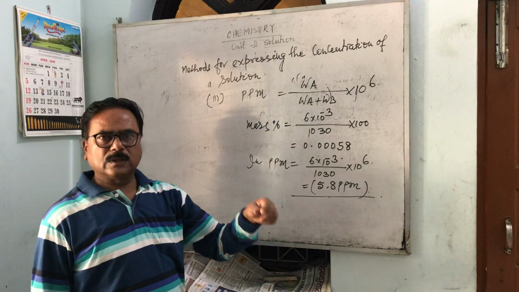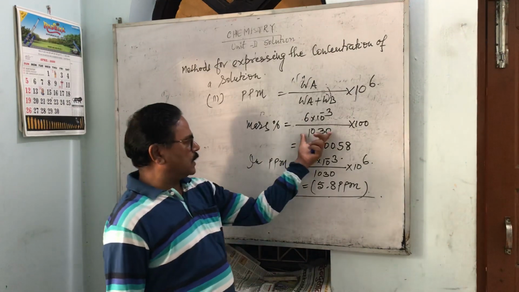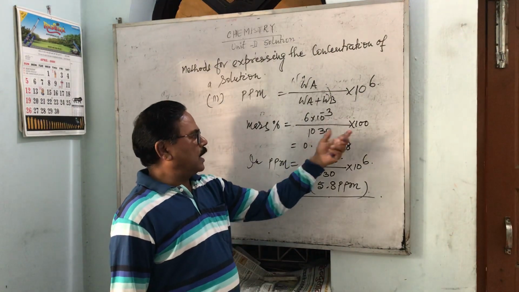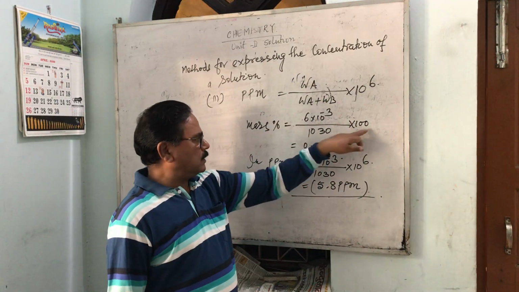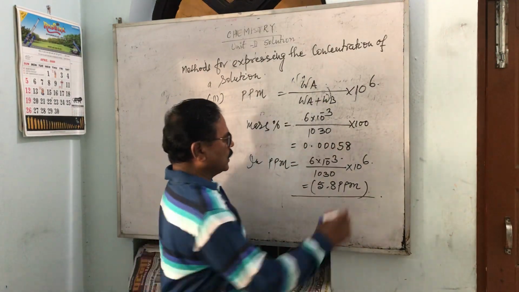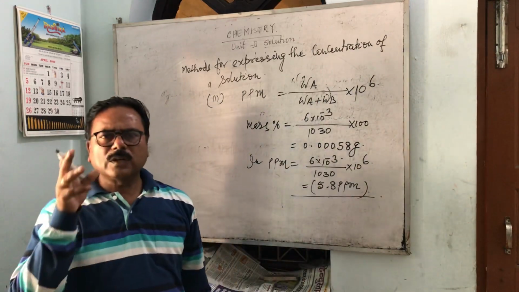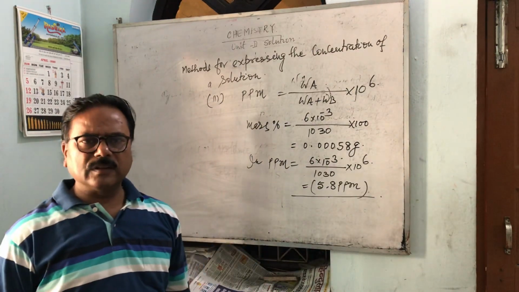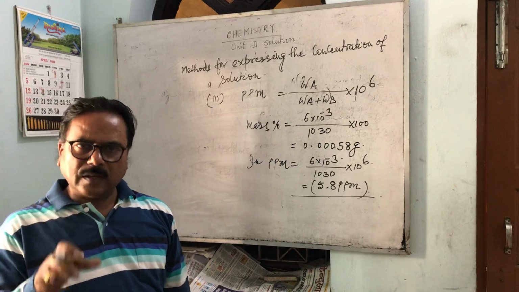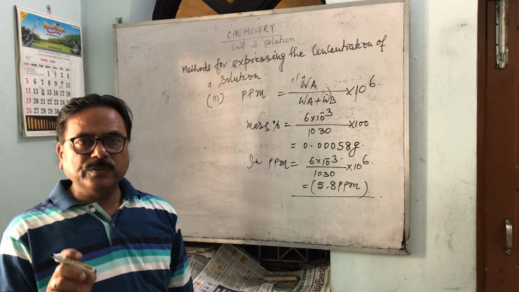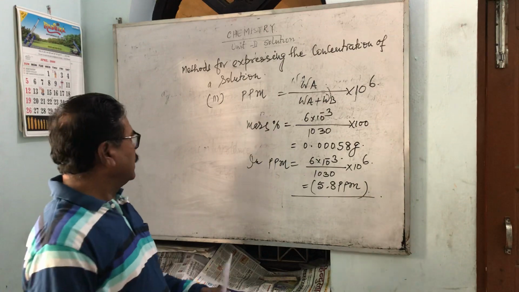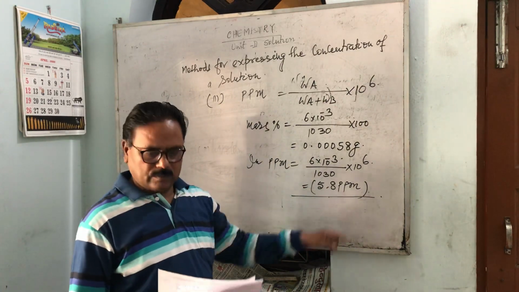Seawater contains so many components, so we take the total mass, and mass percent is calculated per 100. So this is very, very small. We are not able to express such a concentration in mass percent. That's why it is very efficient to express the concentration in terms of parts per million.